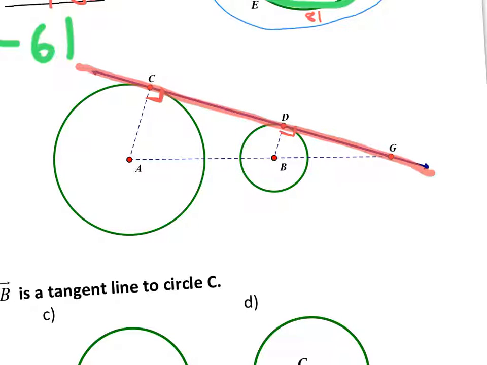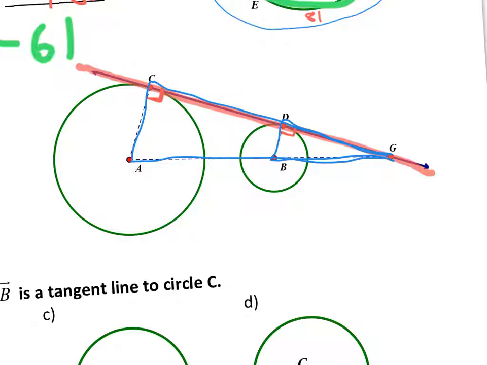So what the question is saying is, why is the triangle GBD, why is that right triangle there similar to triangle GAC? So we have the smaller triangle and the larger, proportionally similar triangle.